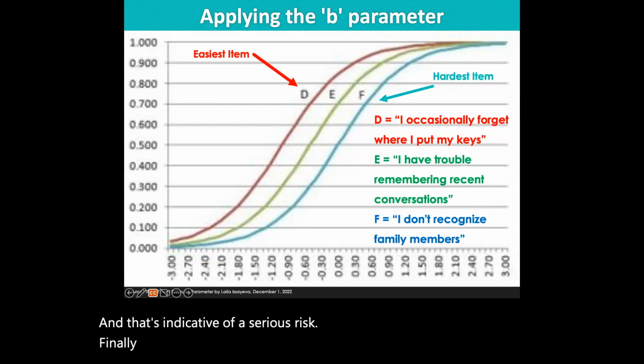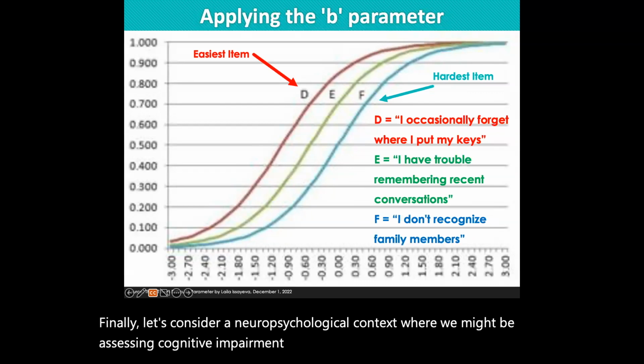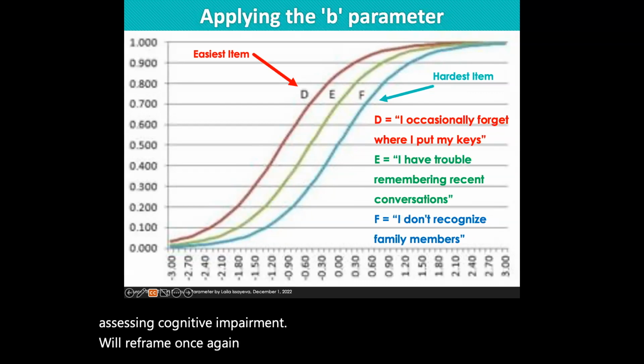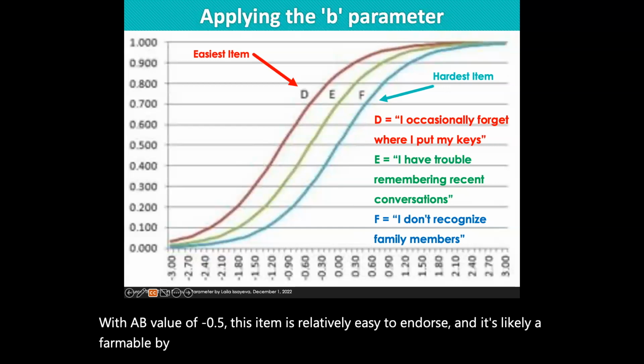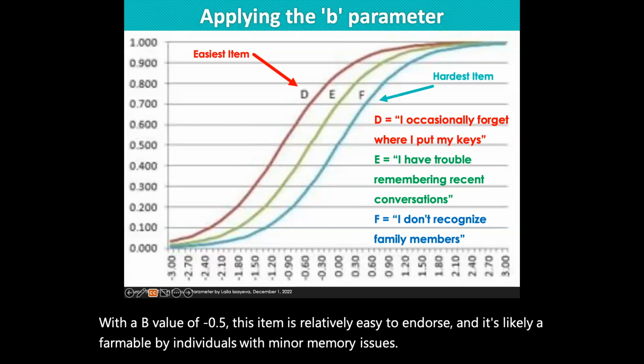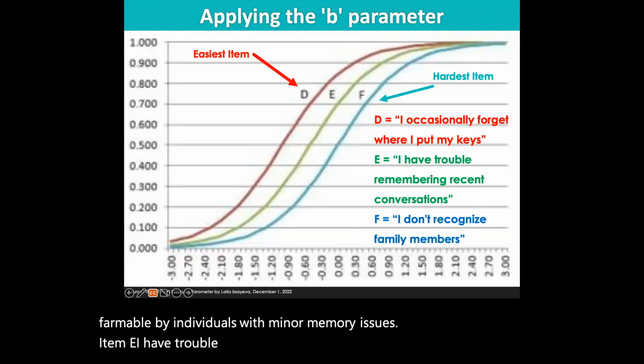Finally, let's consider a neuropsychological context where we might be assessing cognitive impairment. We'll reframe once again items D, E, and F. Here, item D, "I occasionally forget where I put my keys." With a B value of negative 0.5, this item is relatively easy to endorse, and it's likely affirmable by individuals with minor memory issues. Item E, "I have trouble remembering recent conversations."